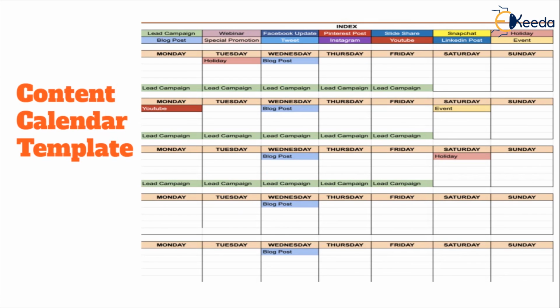At the top of the calendar, it's advisable to devise an index, a color coded index if possible, so that the stakeholders who are looking at the calendar are able to understand what the blue color cells represent, what the yellow color cells represent, what the red color cells represent.